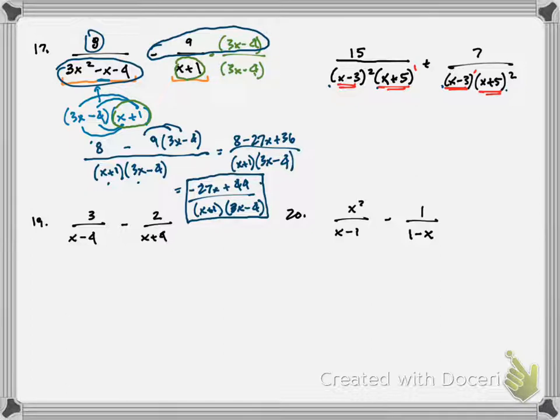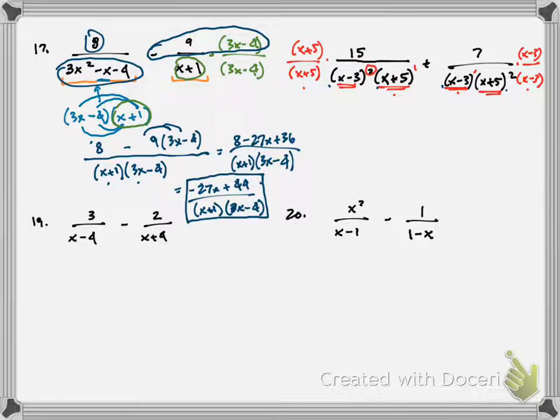I'm going to multiply the left fraction by the quantity x plus 5 over the quantity x plus 5, which again is just a fancy way of multiplying by 1. And there's my x plus 5 times x plus 5, or the quantity x plus 5 squared. I'll multiply the right fraction by the quantity x minus 3 over the quantity x minus 3. And now there's my x minus 3 quantity squared, which also shows up over here. So I've got a common denominator.